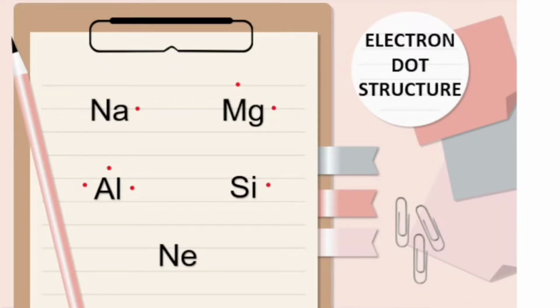So 1, 2, 3, and 4. And for neon, it has 8 valence electrons. 1, 2, 3, 4, 5, 6, 7, and 8. Remember that the electron dot structure represents the valence electron of the elements.